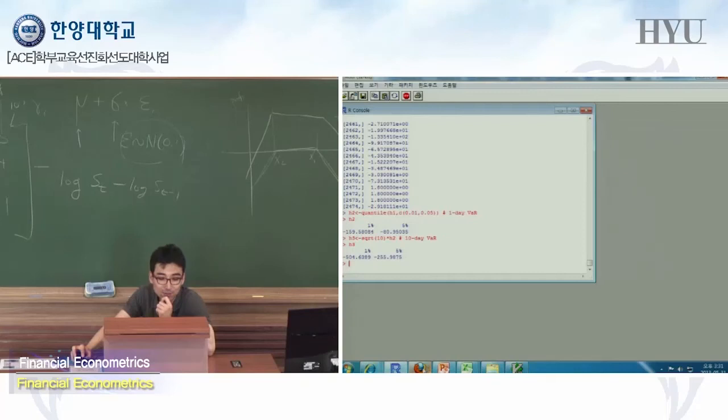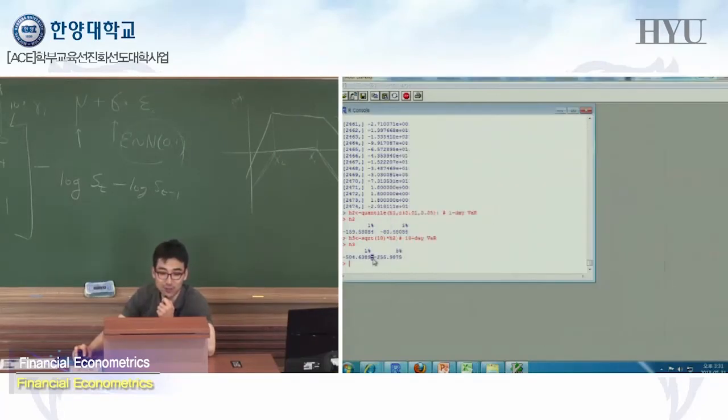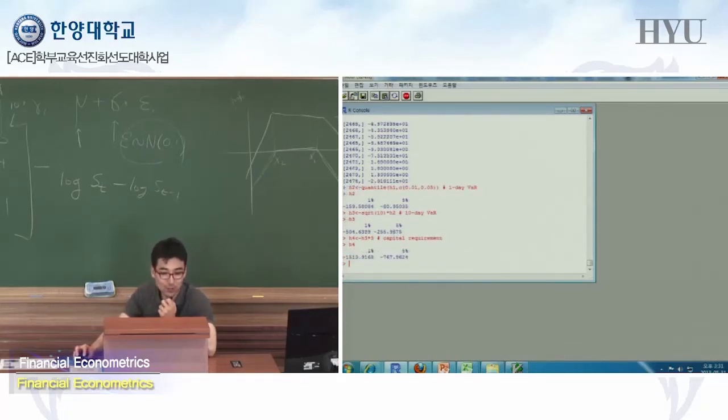Okay, third, now I can calculate the capital requirement. Capital requirement is 3 times the 10-day value at risk. So my H4 capital requirement is basically 1513 billion. Okay, that's what I calculated.